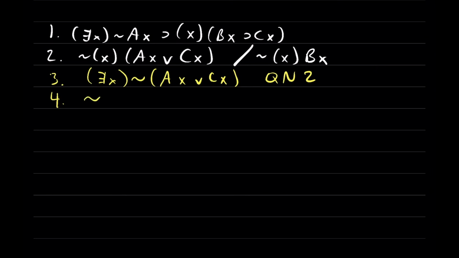It's not the case that a is an a or a is a c. Like so, replacing the x's with the lowercase constant a. And that's going to be existential instantiation of line 3. So you can use any constant you want. You just have to make sure it is a constant that hasn't already been used in the proof somewhere.